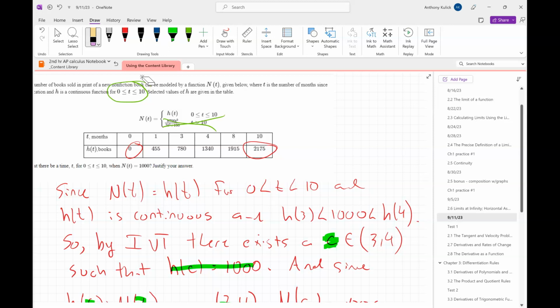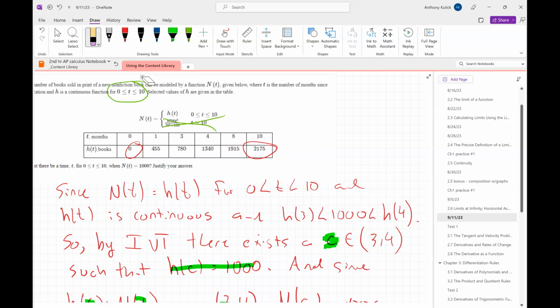Yeah, that makes sense, the explanation. The fact that you need the continuity piece, and it's not just for n of t, made the wording a little more complicated.